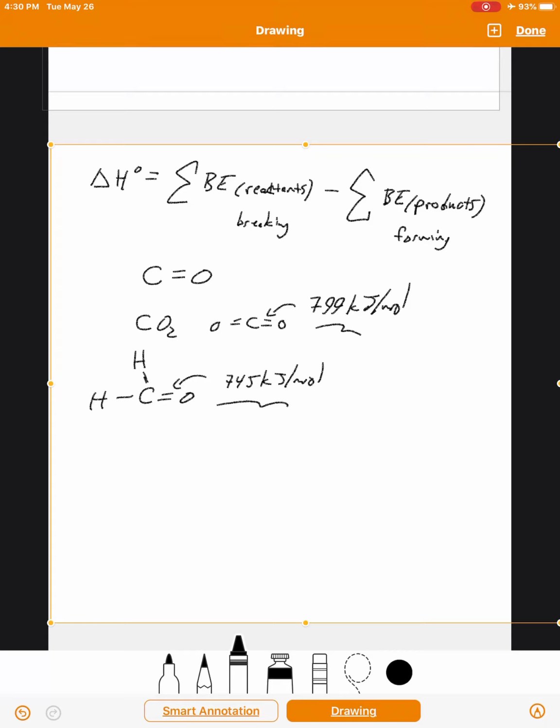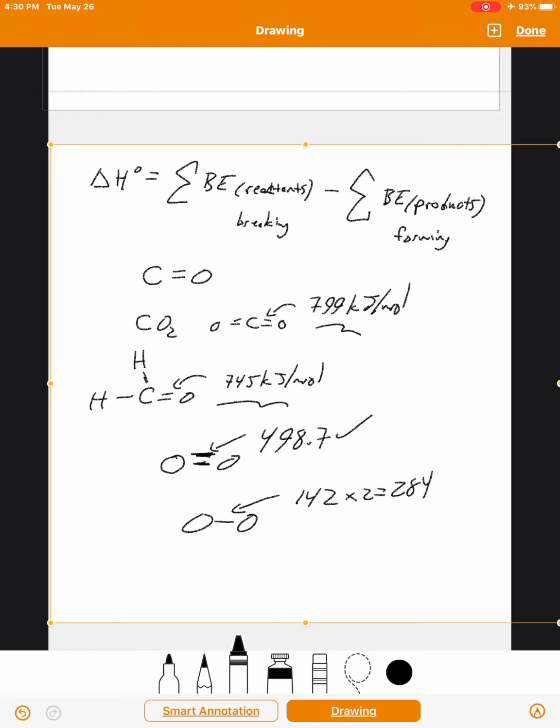I also want to point out that O double bond O, we said, was 498.7. O single bond O is 142. So if you try to do a trick and say a double bond is just twice a single bond, that's not true. 2 times 142 would be 284, and that is not equal to 498.7.